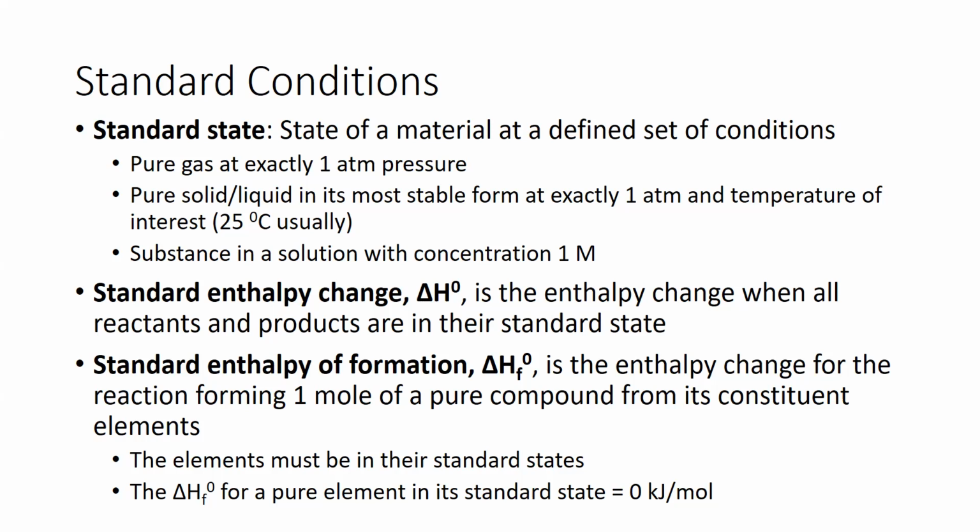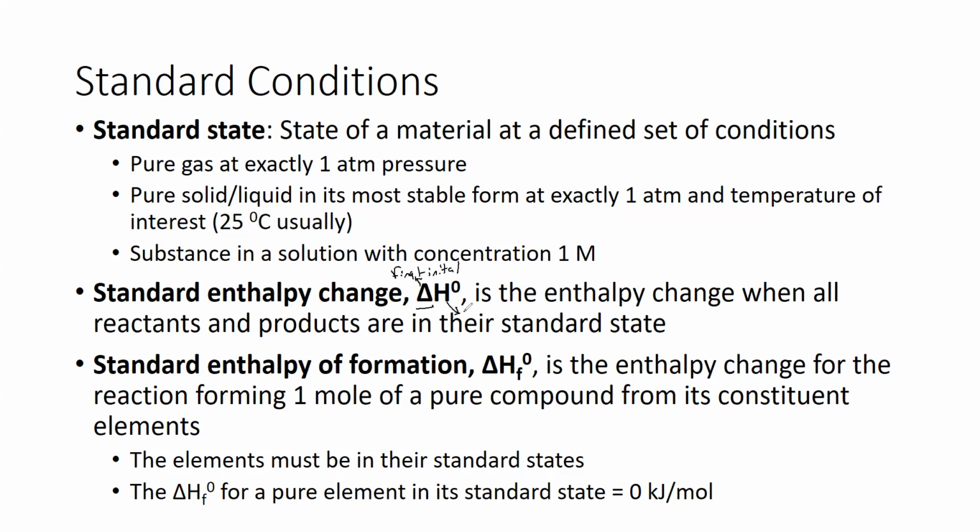And what we can do with that is start to do some interesting calculations. One thing we can do is ask, what is the enthalpy change in a reaction if everything is at its standard state? So let's look at the symbol delta H naught. Delta is change, always remember final minus initial.